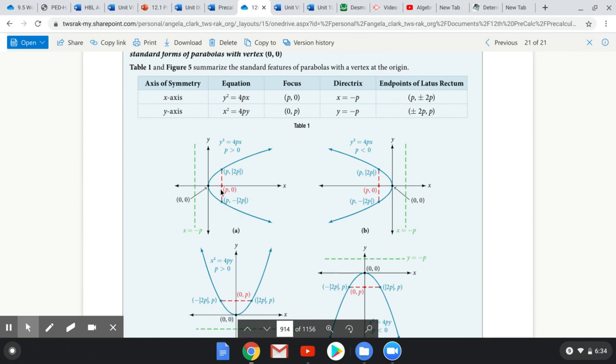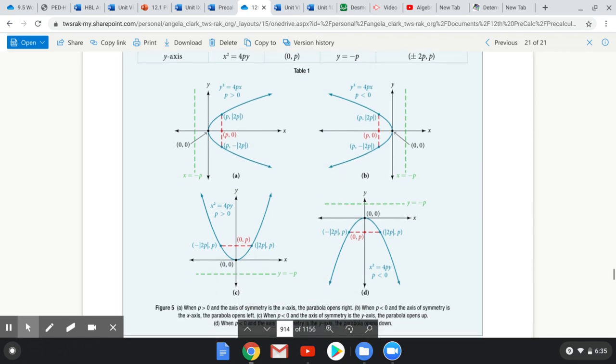We're in line with the focus, which means this distance is p, right? And then we also know that this distance is p. So here we are 2p away from the directrix, which means we must be 2p away from the focus. So when we're in line with the focus, we're always going to be a distance of 2p away. And so we're going to use that when we are graphing these. Okay?